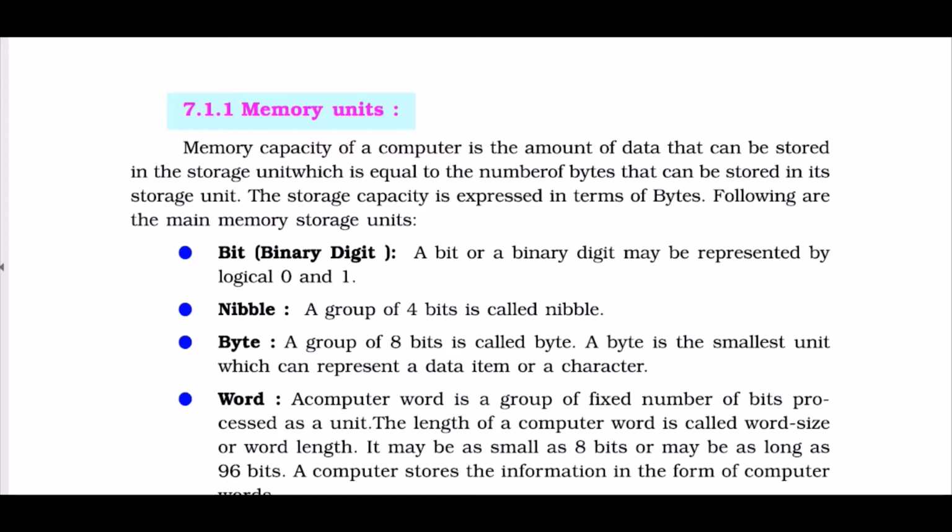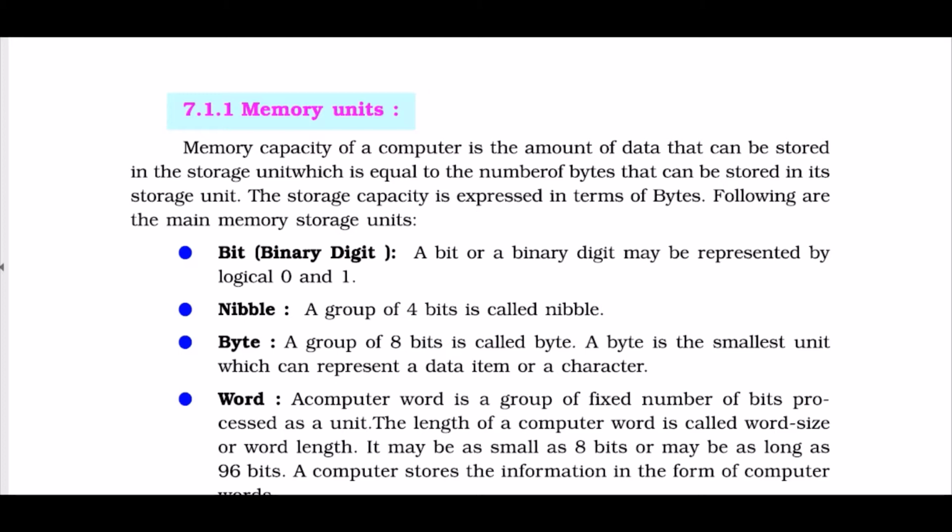It is the capacity of a computer to hold and store data in the form of bytes. Always remember the basic unit of a computer is byte, B-Y-T-E. The storage capacity is expressed in terms of bytes.